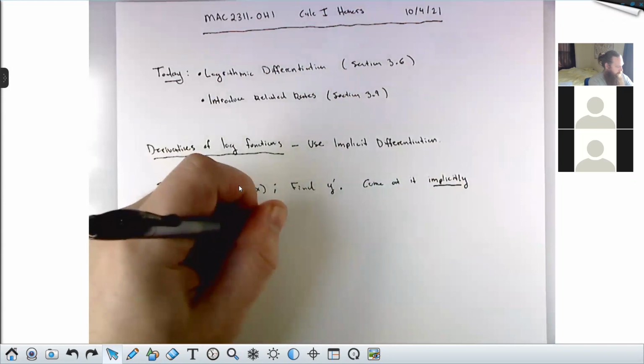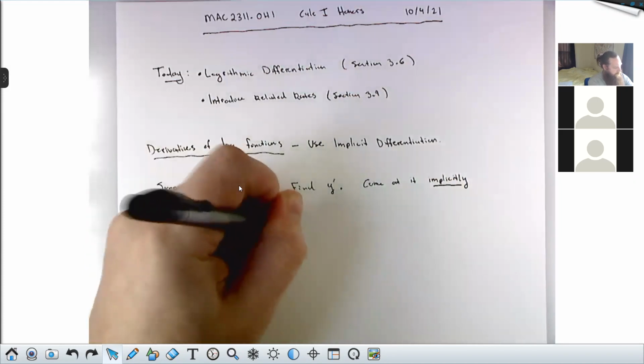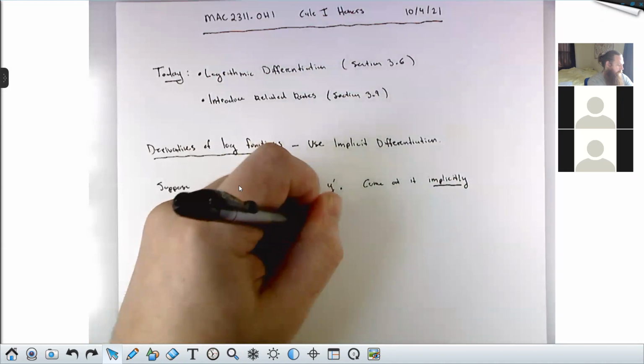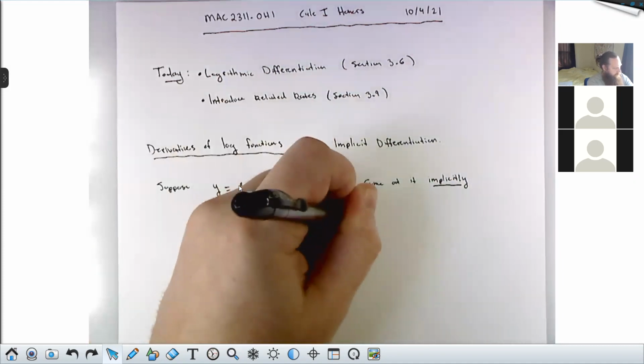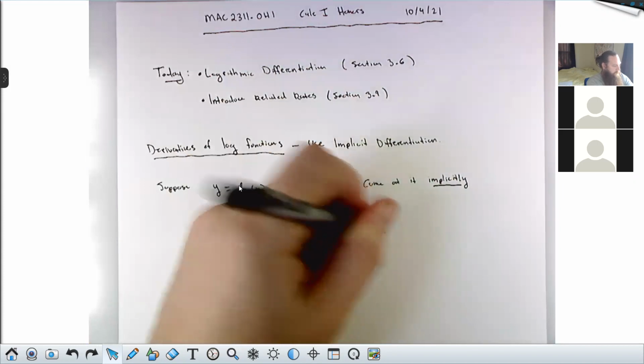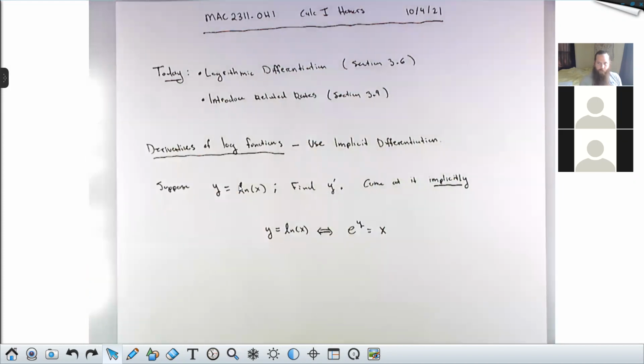Here's the deal. y is equal to ln x means the same thing as e to the y equals x. That's the definition of the logarithm. So we can differentiate this implicitly and then solve for y prime.